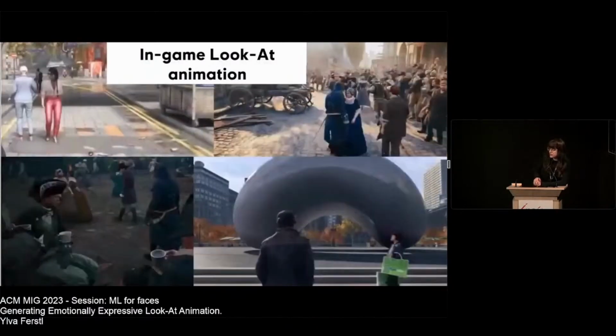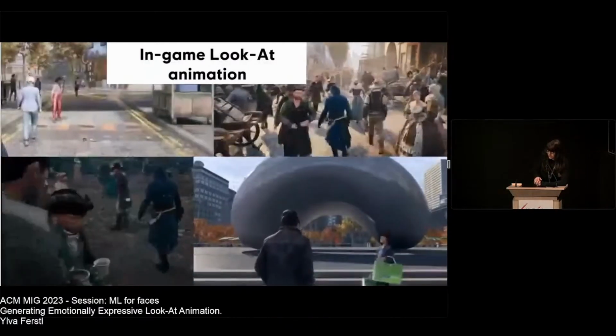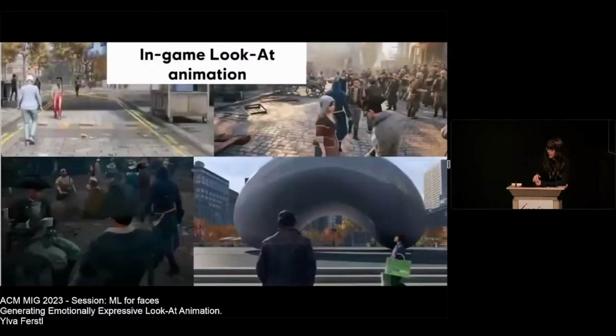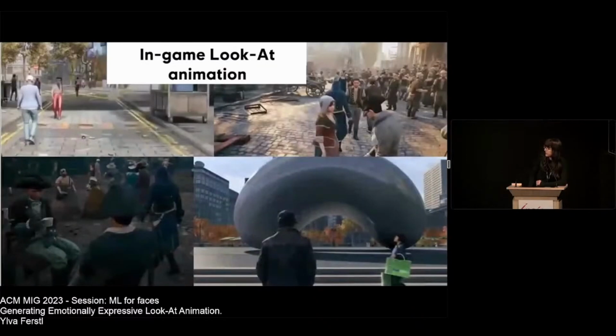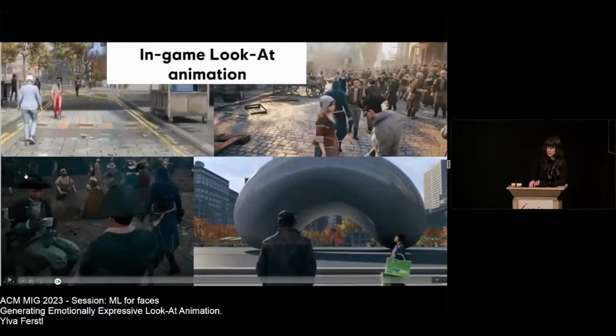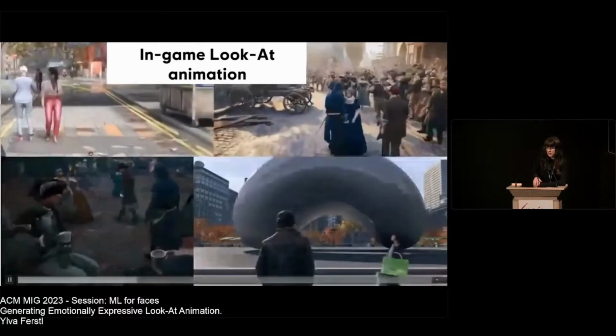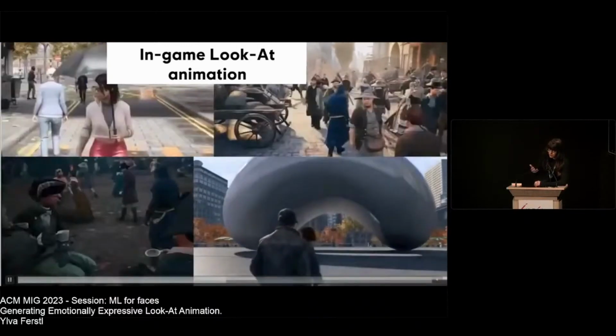These look-ats are generally generated procedurally with some kind of graph logic that mixes predefined animation curves. Because it's just using a procedural method, it can sometimes have a very robotic feel.